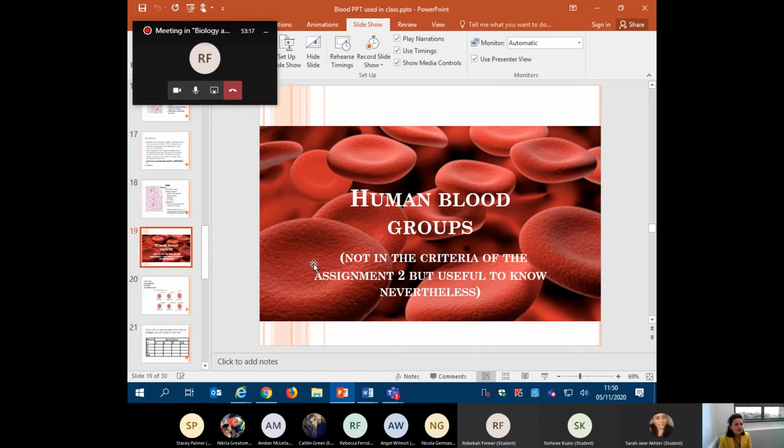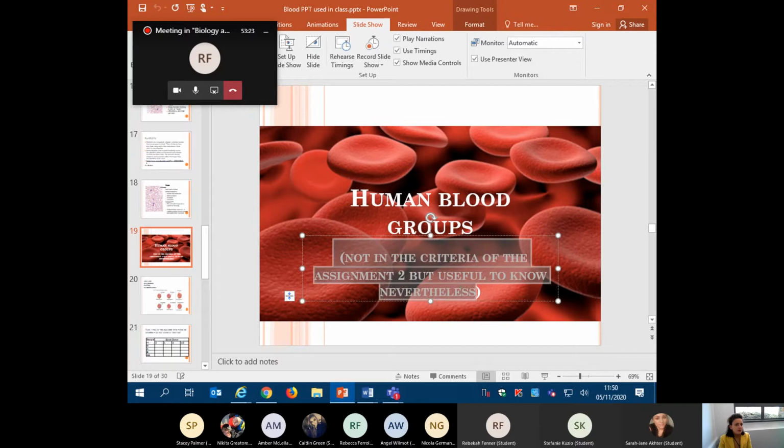So can I do a little bit of an overview of human blood groups? I'm saying here, it's not explicitly in the criteria in assignment 2, but because the majority of you are going into health professions, I think it's a super useful bit of information to know about human blood groups.